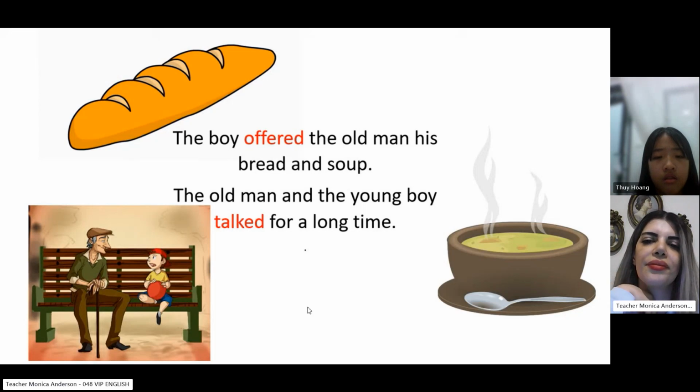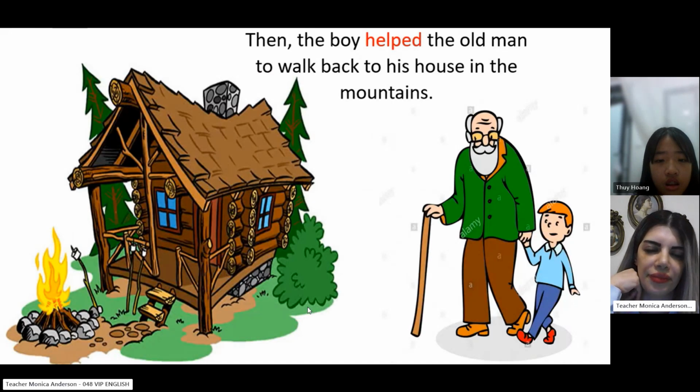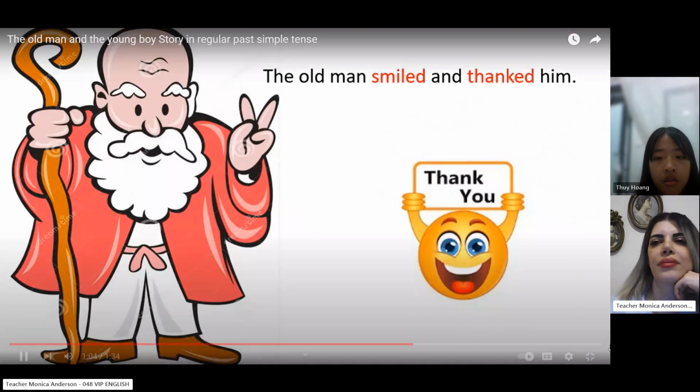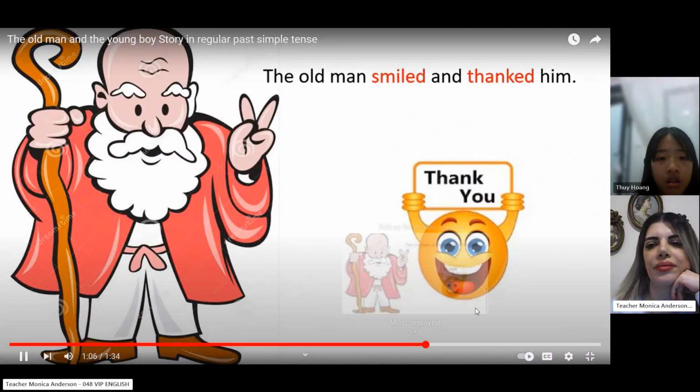The old man and the young boy talked for a long time. Then the boy helped the old man to walk back to his house in the mountains. The old man smiled and thanked him.